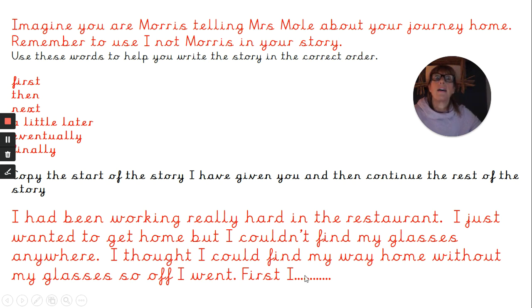First, you're going to continue the story. So I want you to copy the first part of the story with beautiful handwriting, and then I want you to continue it. Remember, you're Morris, so you don't write Morris did this, you write I did that. And you're going to use these words to help you get the story in order.